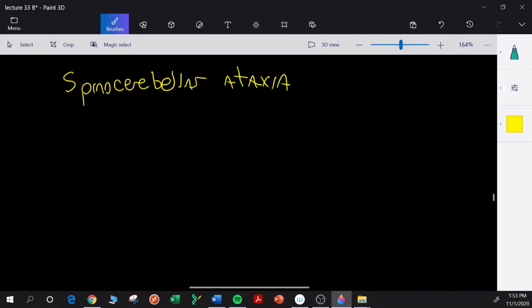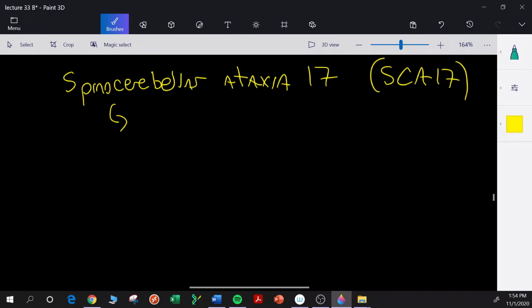That's a general class of disorders, called SCAs, and there's one in particular, SCA17, that is due to defects in TATA binding protein.